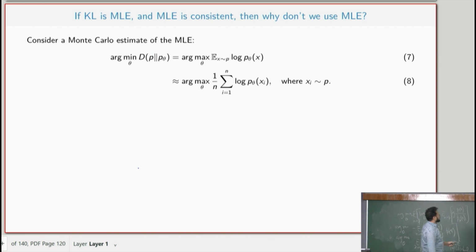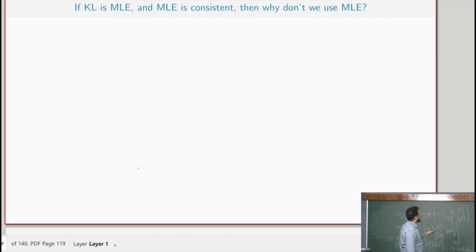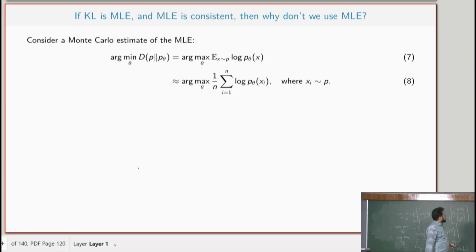Okay, so if KL divergence is equivalent to MLE and MLE estimates are consistent, then why don't we just use MLE? Why did we bring in KL divergence? That's the main topic. Let us assume that we want to approximate the log likelihood via the samples, via the sample average.